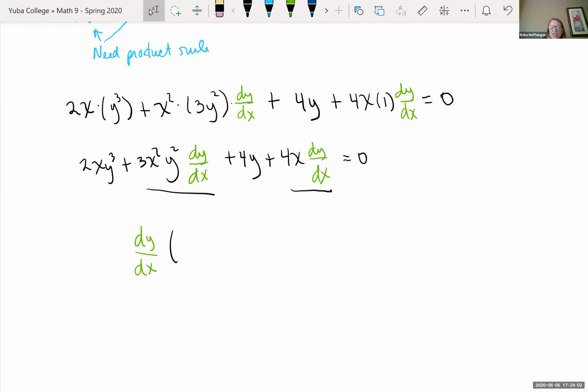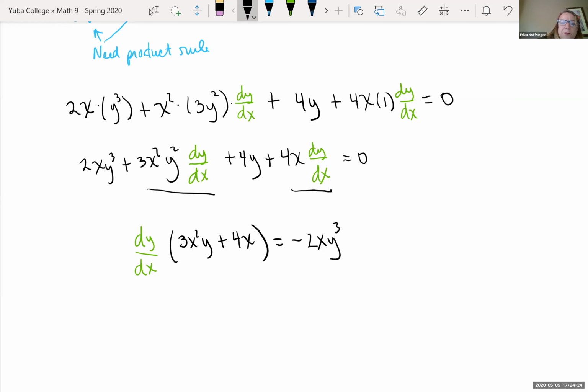Okay, so pulling the dy/dx, this would be then 3x squared y squared, and then plus pulling it out of here, this is a 4x, is equal to, so getting the terms that didn't have the dy/dx on the other side, we would have subtracted this 2xy cubed.